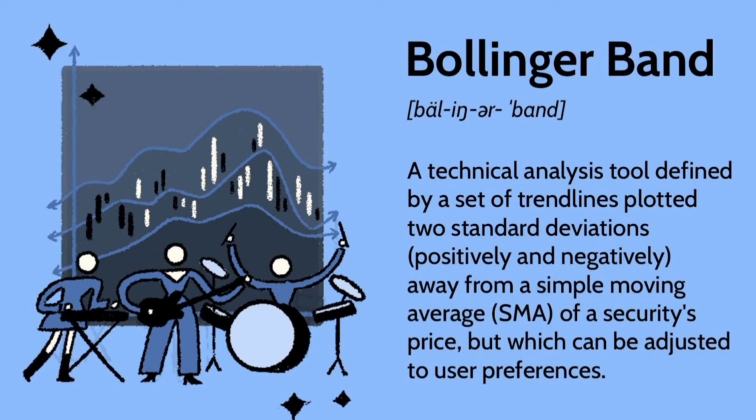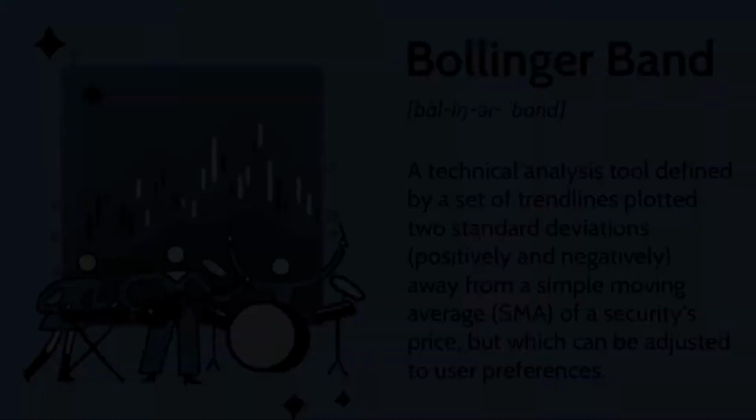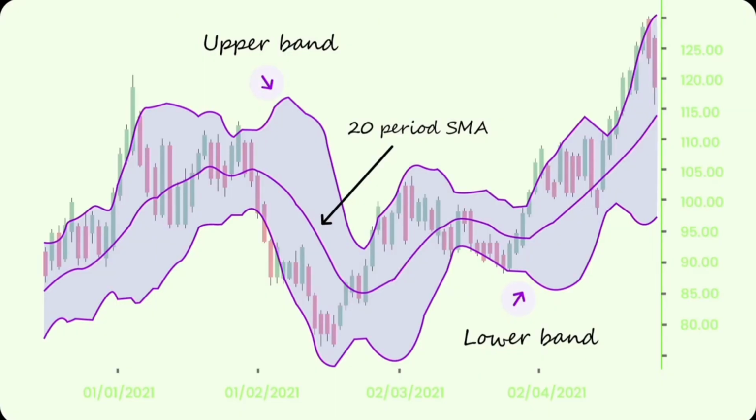When a stock's price moves outside the upper or lower Bollinger Band, it is considered overbought or oversold. This can be a sign of a potential trend reversal or continuation of the current trend. However, it's important to keep in mind that Bollinger Bands are just one tool in your trading arsenal and should always be used in conjunction with other indicators and analysis.